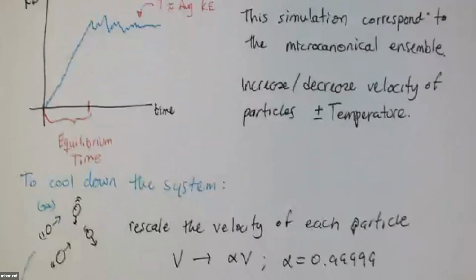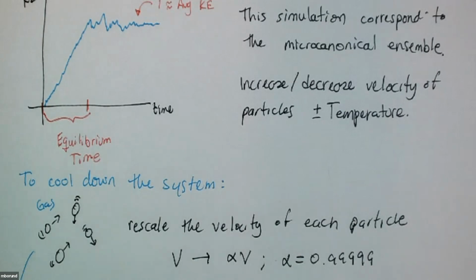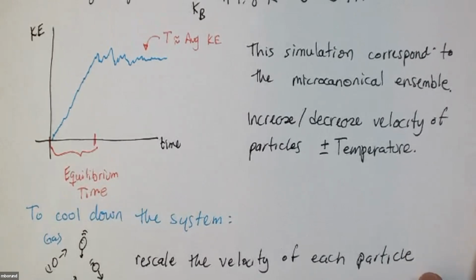So now we're in molecular dynamics. We've been talking about how to do them. We have, for instance, here a simulation of argon gas. And we were talking last class about how you're going to have an equilibrium time.